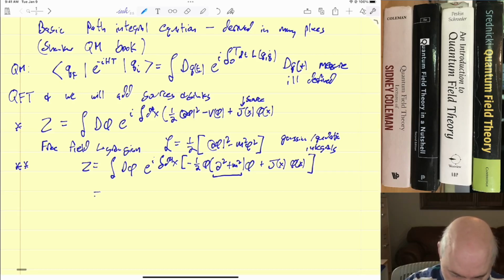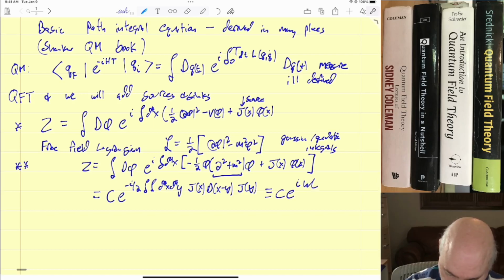And this ends up, when you use your basic formulas for Gaussian integrals, you're going to get c e to the minus i over 2 double integral d4x d4y j(x) D(x minus y) j(y), and this is going to be defined to be c e to the i W of j.